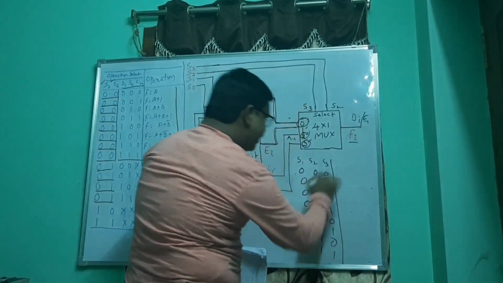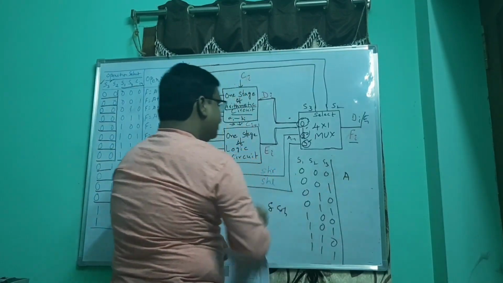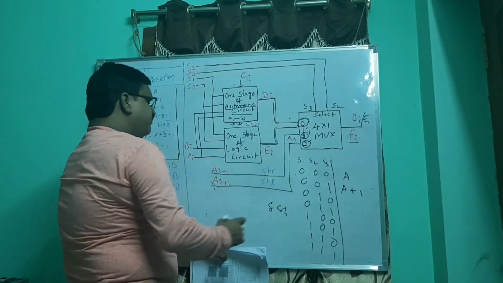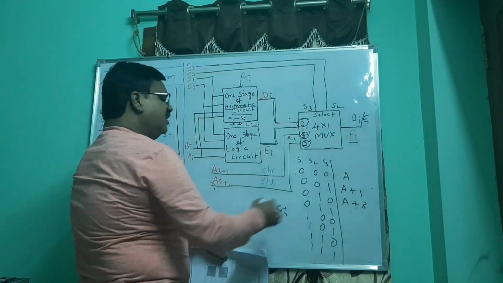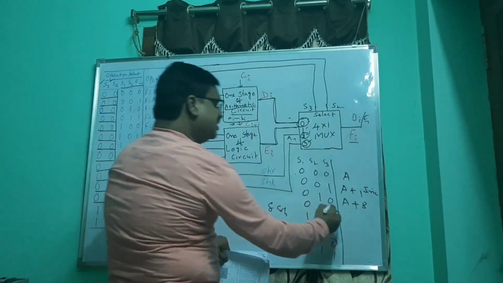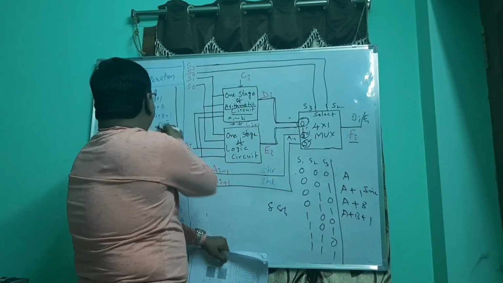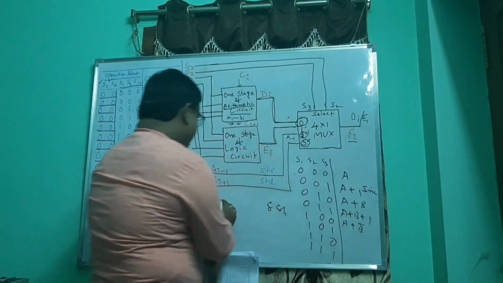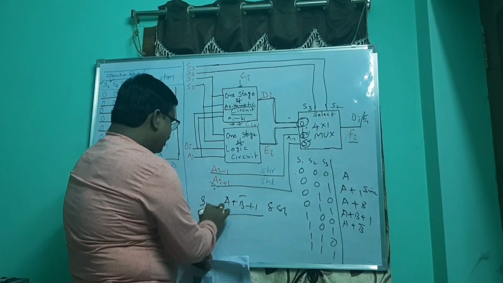So for the output of each, means 3 selections 0 0 0, transfer will be done. So if it is 0 0 1, addition will be done. This is what we have discussed in the previous two tables. This is simple addition. This is increment. Okay, this is simple addition, and this is addition with carry, and then this is subtraction with borrow. Means here if you see A plus B bar plus 1, this stands for subtract.